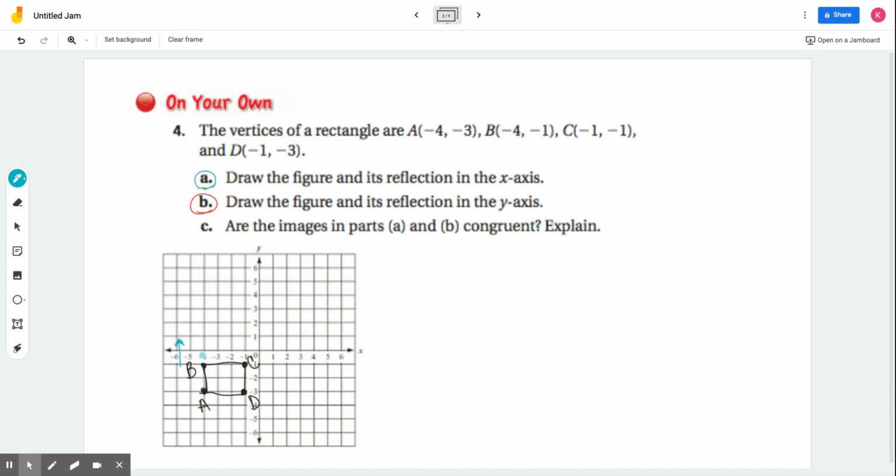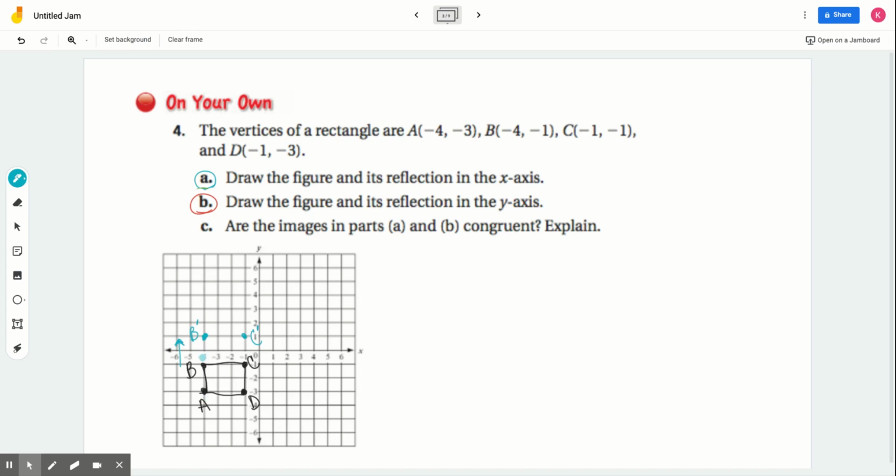So B is one spot away. So I'm going to make one spot away from that axis, B prime. Remember, it's the new placement of the original image. So again, C is one spot away, so C prime will go here.